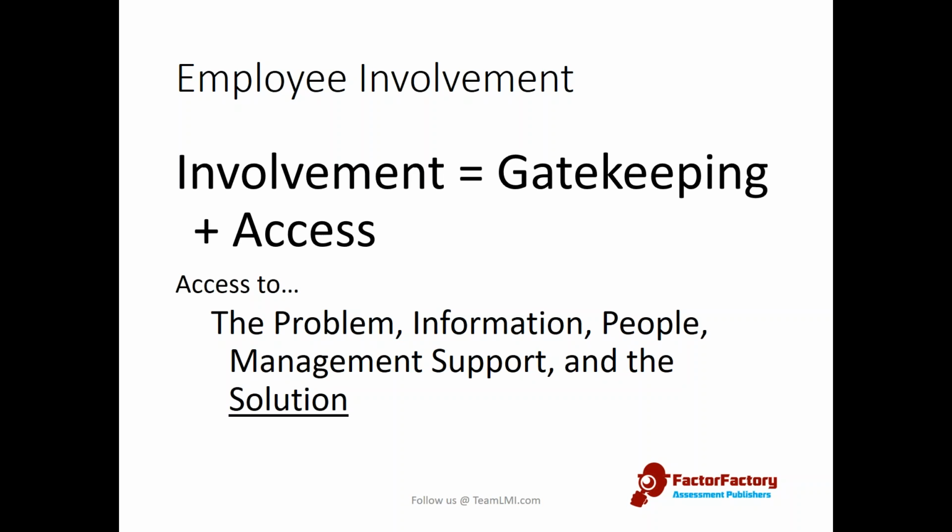And in the access, the employee involvement model broke it down into 5 areas. One was access to the problems that matter. These are real problems, not superficial problems like deciding where to have the Christmas party. It is problems that are germane to company success and relate to this person's role.